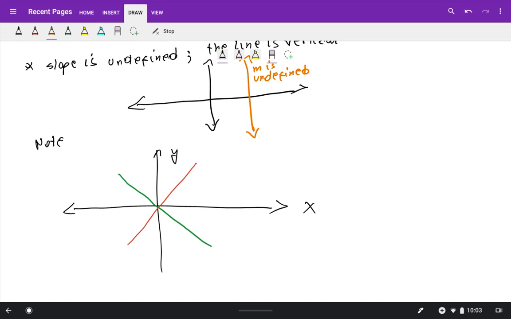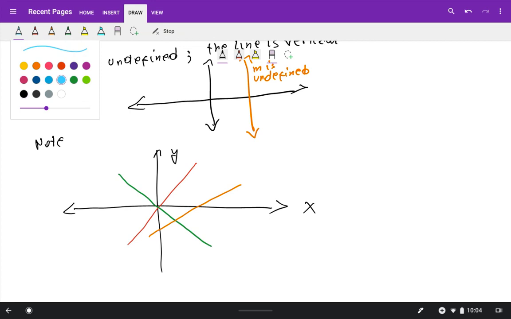You may have a line going that way. Maybe blue. And you may have a line going that way. So we have different types of lines.